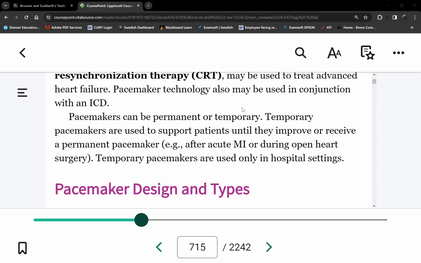Okay, so we put pads on her chest, and instead of turning it on to defibrillation or cardioversion, or turning on the synchronized button, we switch it over to pacemaker. So what the machine will do is fire tiny electrical impulses through the pads, across her skin and into her heart.